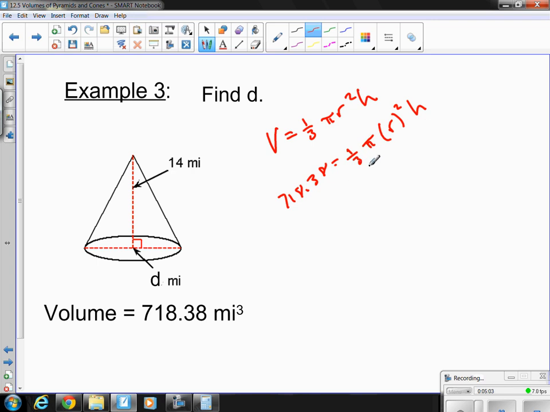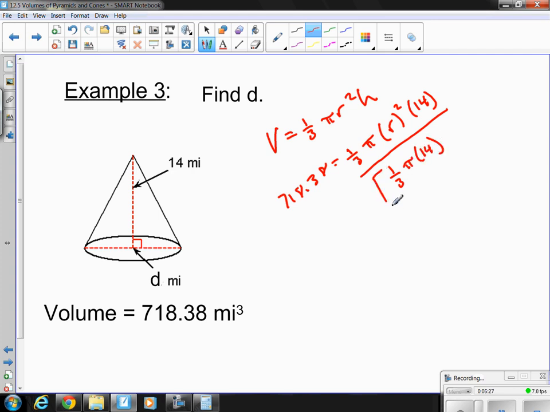So from here, I'm going to have to divide. Oh, I'm going to switch H for what H is. H was 14, so I'm going to put 14. So now I'm going to divide this side by 1/3 pi times 14.